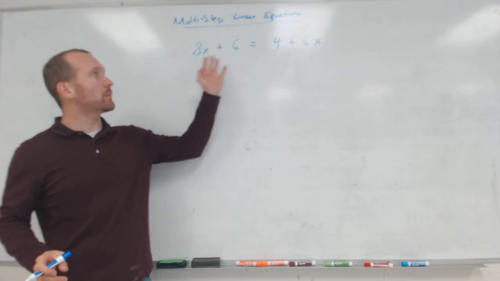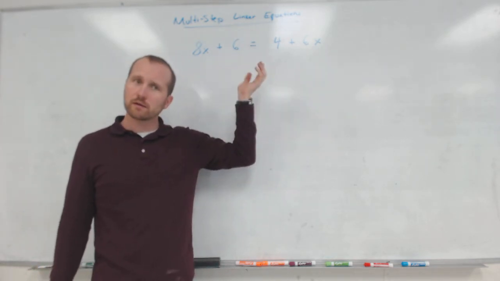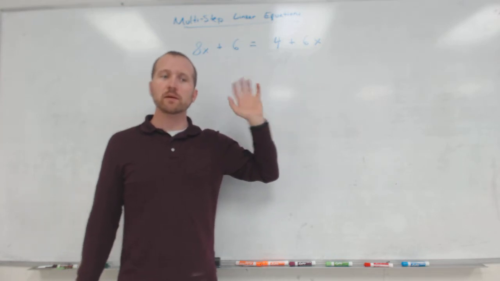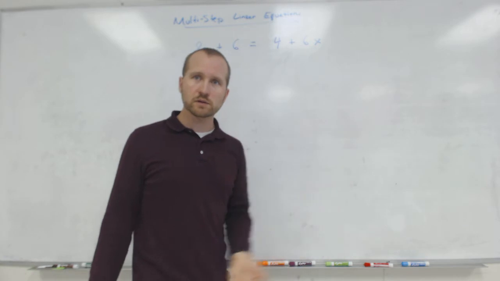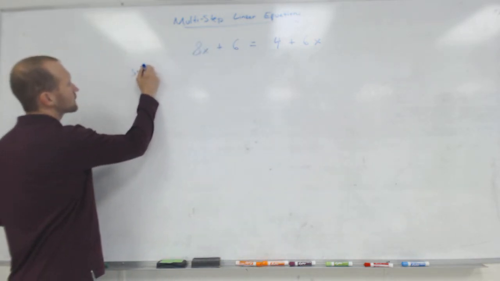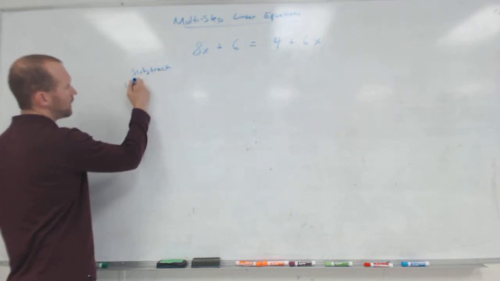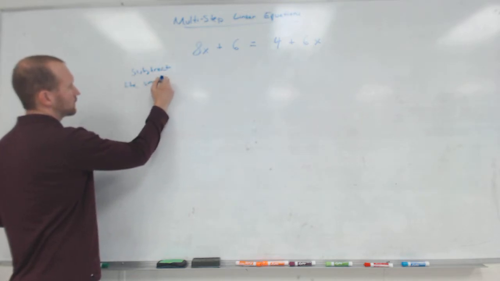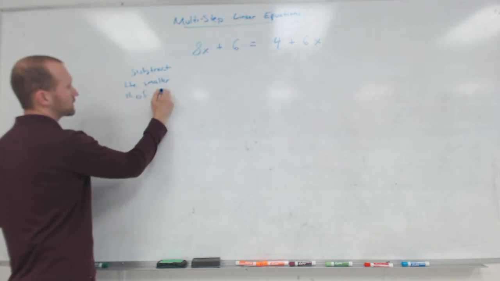But the thing about this problem is that we have x's on both sides of our equation, right? And so we talked about yesterday what we do when we have x's on both sides, which is we always subtract the smaller number of x's.